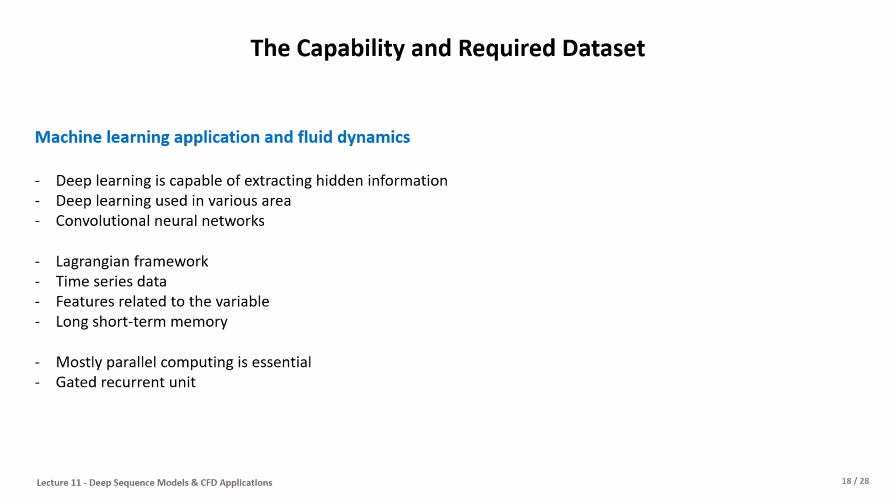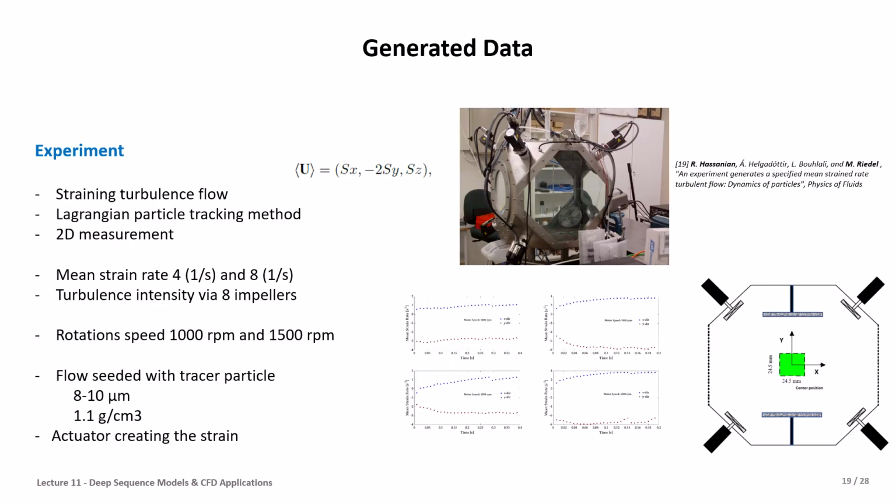This definition helps us find a connection between the Lagrangian framework in turbulent flow and the sequential model in deep learning. Maybe it's not limited to the LSTM and GRU that we are presenting here. Of course, there are upcoming models, and at the time that we are talking, for example, the transformer is one of the other deep learning models that could be used to develop a prediction model for turbulent flow.